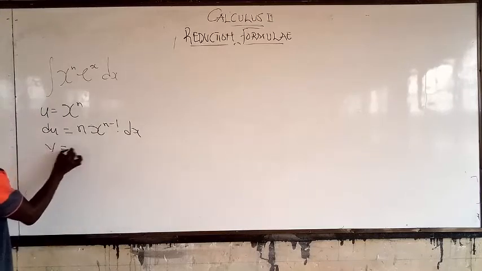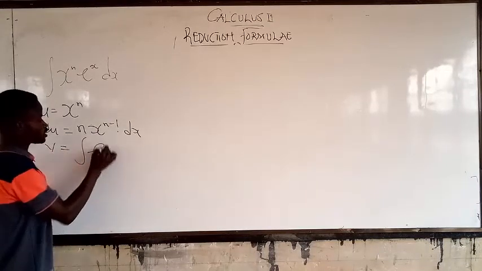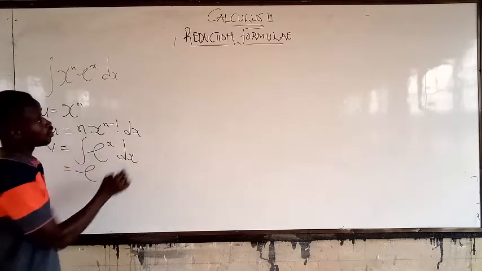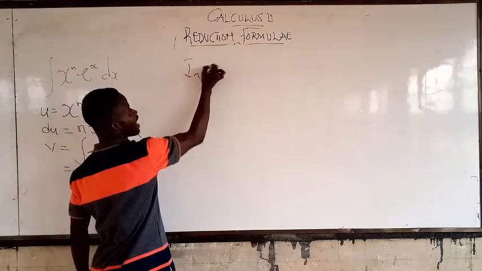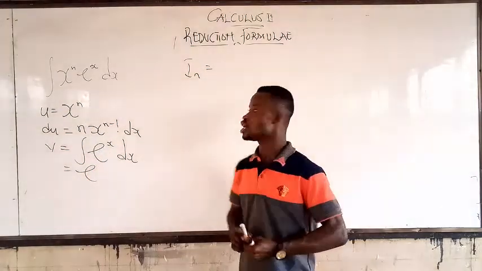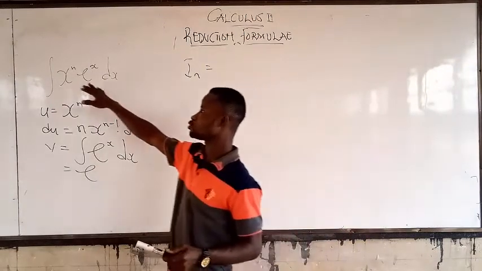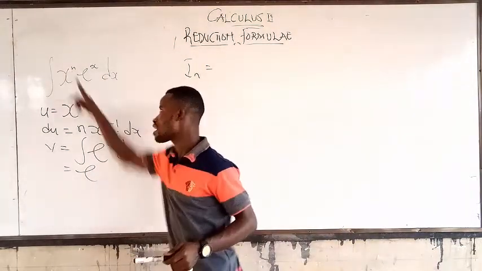Then the v is going to be everything left, which is e raised to the power x dx, and that is e to the x. So In is going to be equal to this, and you know the reason why we are letting this be In, because we have our n there.